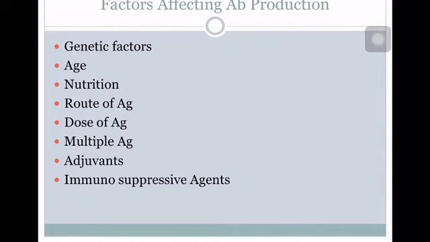The last one is immunosuppressive agents. Immunosuppressive agents are those that suppress the immune response. The immune response is suppressed in conditions of surgeries, particularly in transplantation. They include X-radiation.